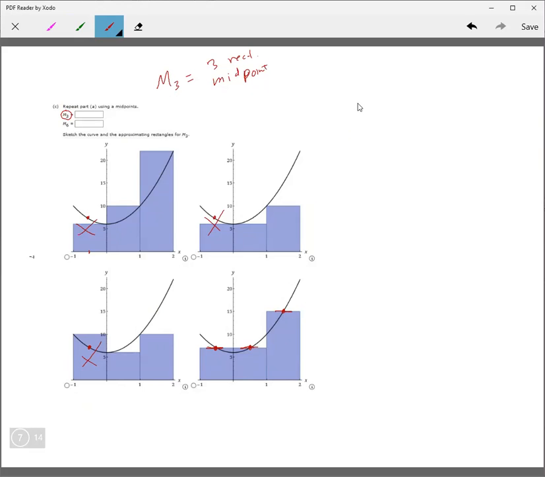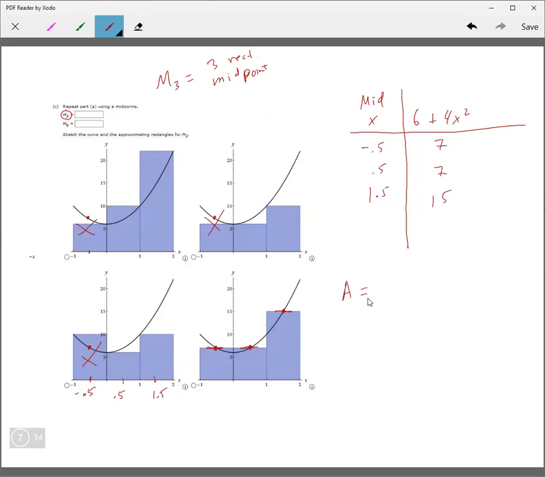Okay, and then here's the function. It's 6 plus 4x squared. So here the midpoint is -0.5, and then this is 0.5, and this is 1.5. And when you put the values in, you're going to get 7, 7, and 15.